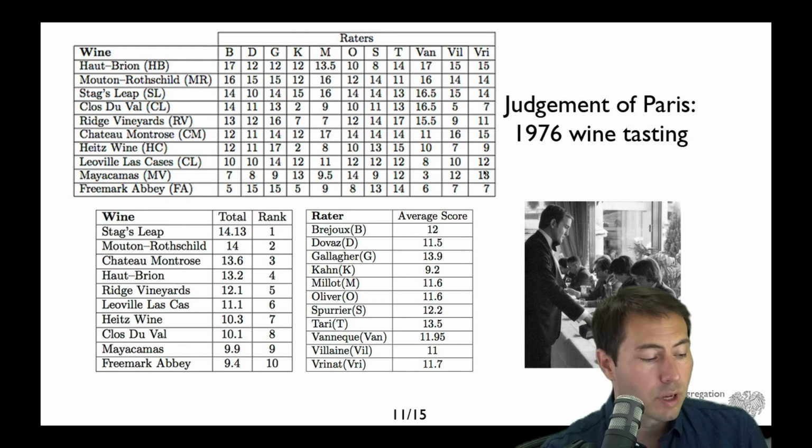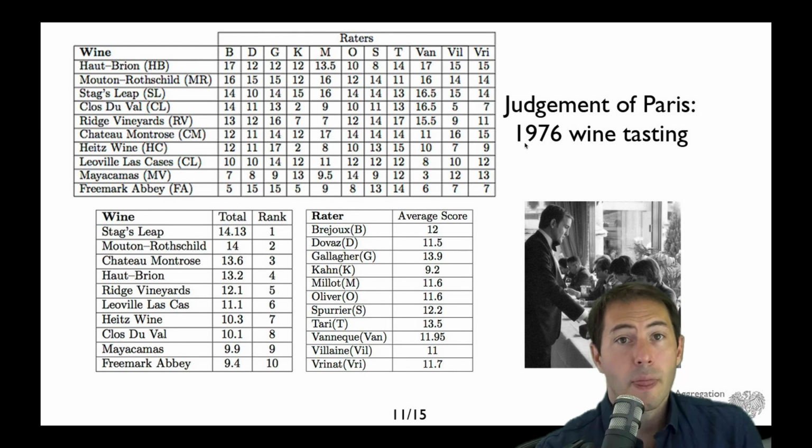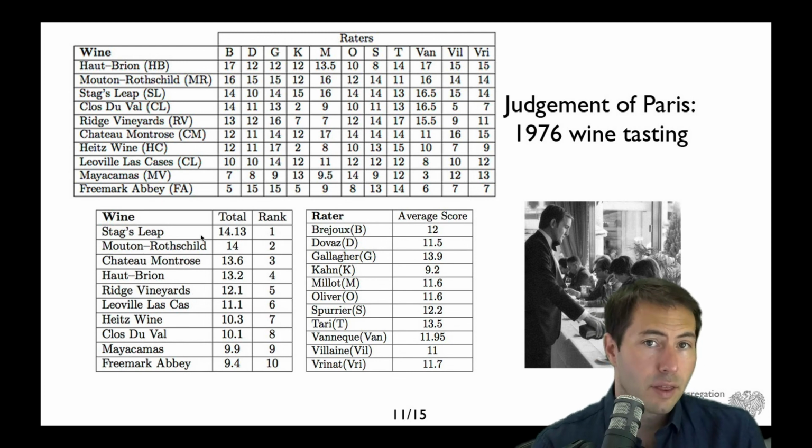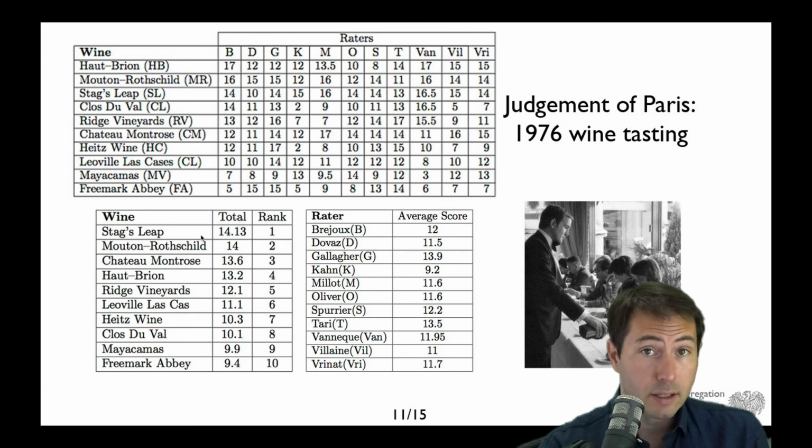And this was really important because for the first time an American wine won, and this really changed the wine industry. And you can see that, in fact, Stag's Leap from 1973 won with a value of 14.13, so it just barely beat out a French wine for the second rank position. And this was even recognized in the 70s, they released this result that made international news.